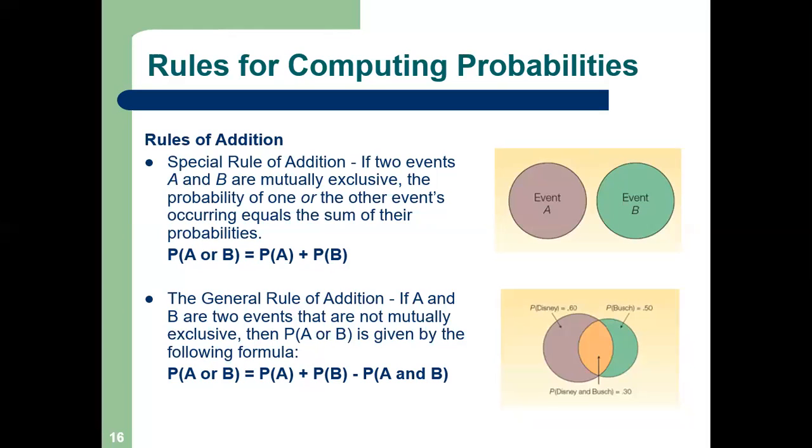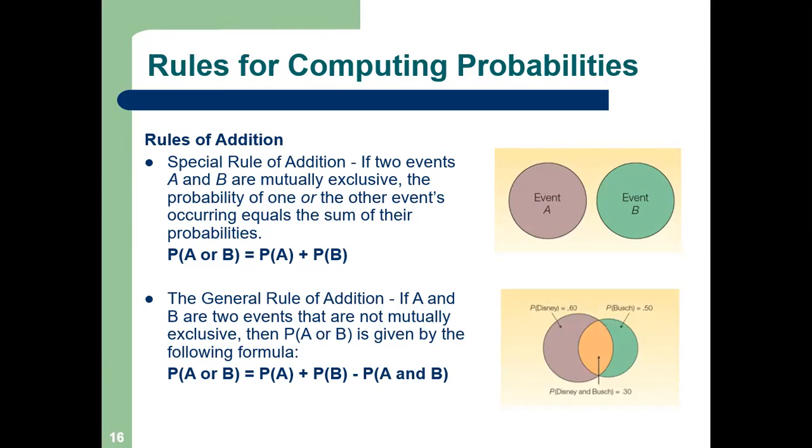There is another rule, the general rule of addition, if A and B, two events, are not mutually exclusive. The first one was the rule of addition for mutually exclusive events, also called the special rule of addition. When two events are not mutually exclusive, we use the general rule of addition.